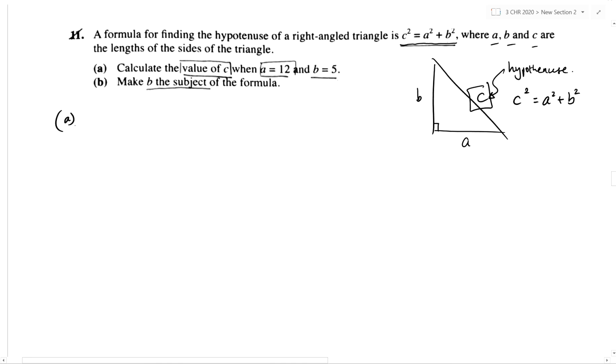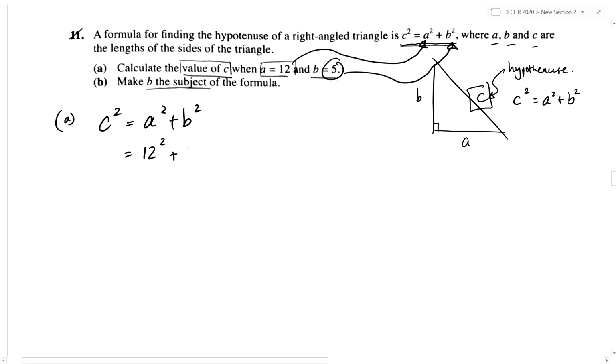Now for part A, we want to calculate the value of c when a is equal to 12. So we know we have to substitute it here. B is equal to 5. We know we have to substitute it here. C square is given by a square plus b square. Putting the substitution, 12 square plus 5 square.